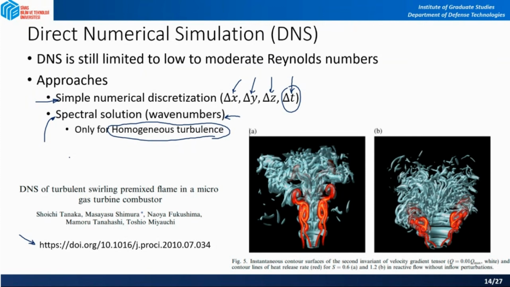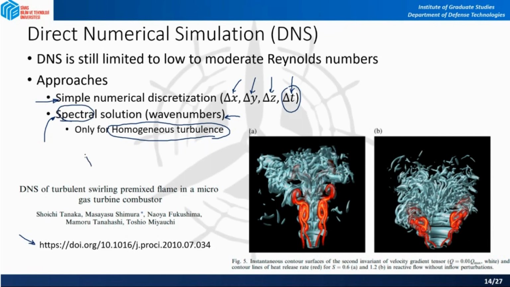When you do this, you don't have any PDE anymore. If you take the Navier-Stokes to the spectral space, it won't be a PDE anymore. It will become a very simple ordinary differential equation in the spectral space.